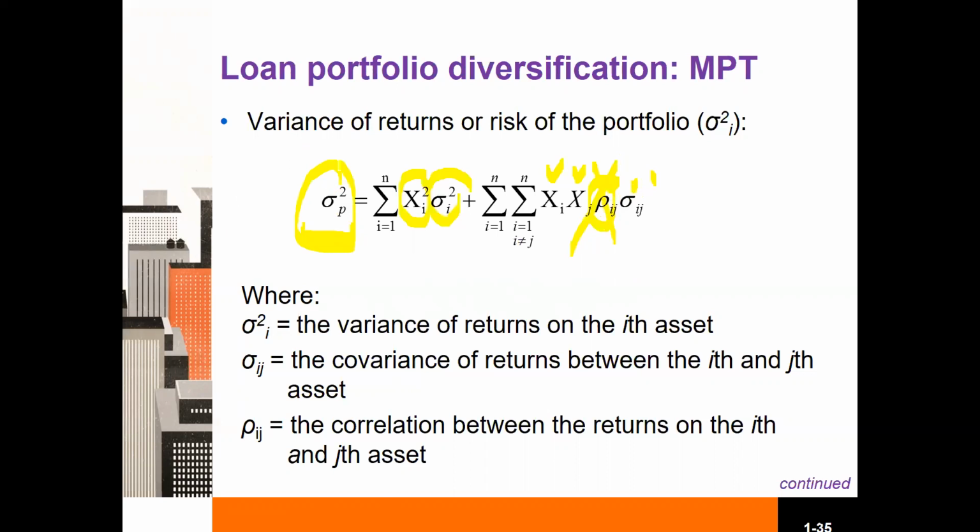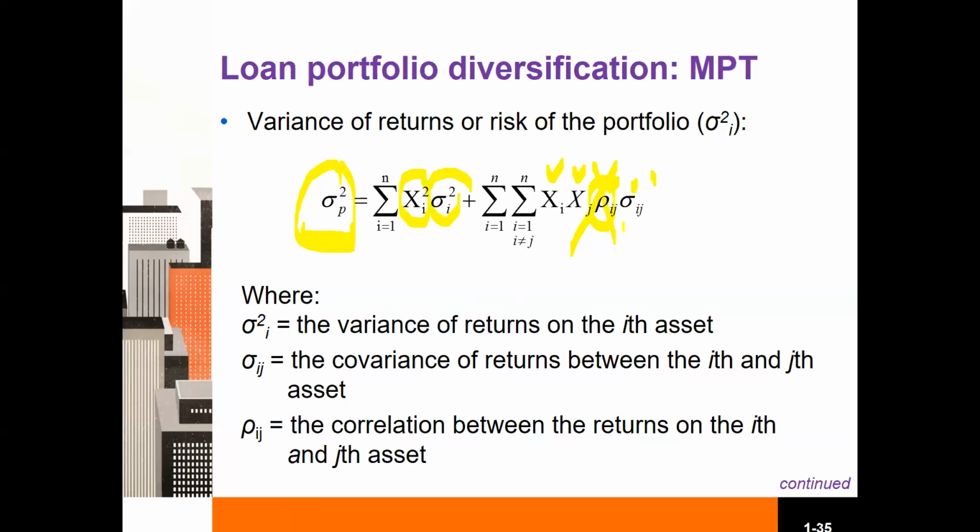Consider the variance of the portfolio if many loans have negative covariances or negative correlation, that is, the correlation of the returns is negative. When one borrower's loan does badly and another's does well, then combining loans to both borrowers may reduce the financial institution's overall credit risk exposure.